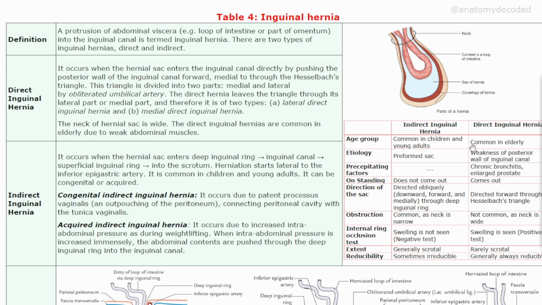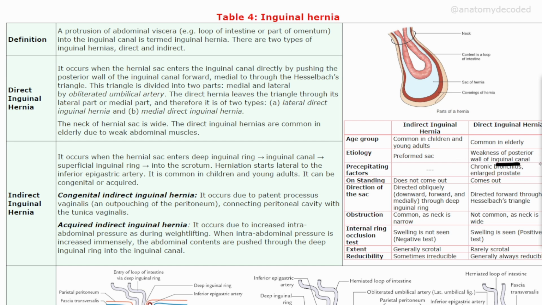Clinical differences between the two inguinal hernias are mentioned here. Age group: indirect inguinal hernia is common in children and young adults. Direct is common in the elderly. Then etiology: in indirect there is a preformed sac, and in direct there is weakness of the posterior wall of the inguinal canal.